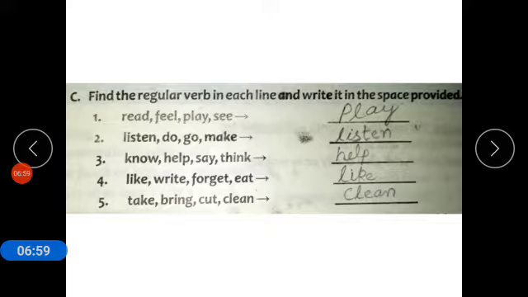So the regular verbs are play, played, played. Listen, listened, listened. Help, helped, helped. Like, liked, liked. Clean, cleaned, cleaned. Now coming to the next exercise.